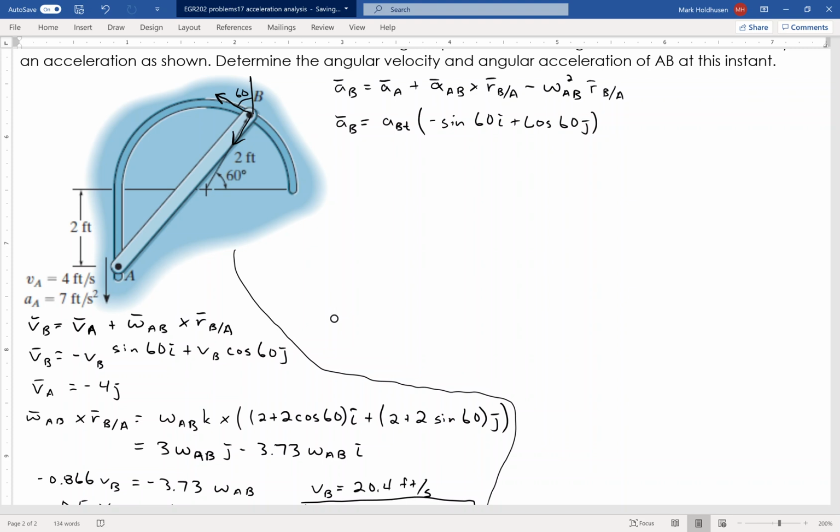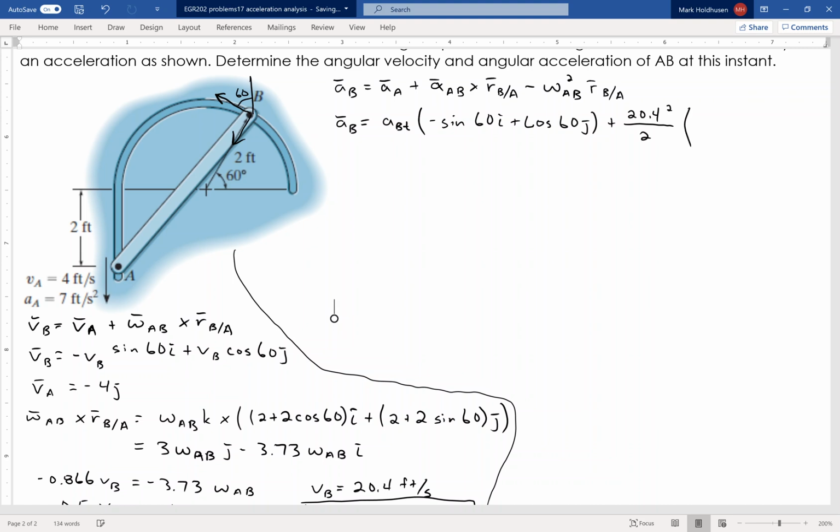Now I know the normal acceleration, again, is going to be down and to the left. So it is v squared over r, so that's going to be plus 20.4 squared over r, which is 2.